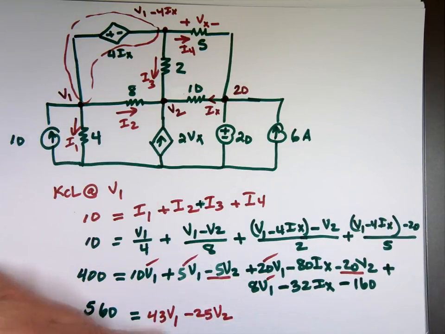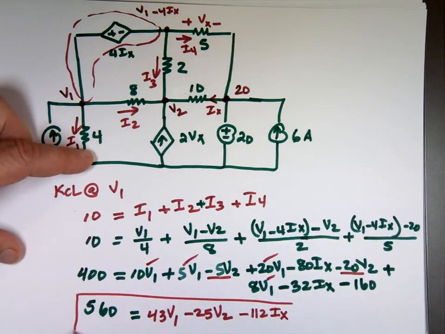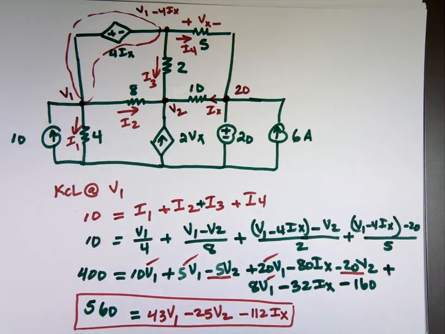Let's look at I sub x. I see the 80 here and the 32. Is that 112? And that's the first equation with 3 unknowns. I need to get another one. Maybe I'll do one KCL at V2 here.